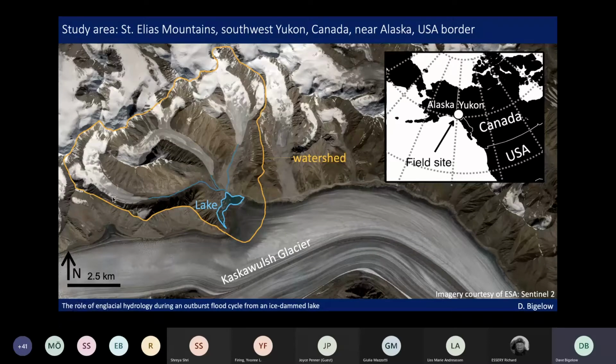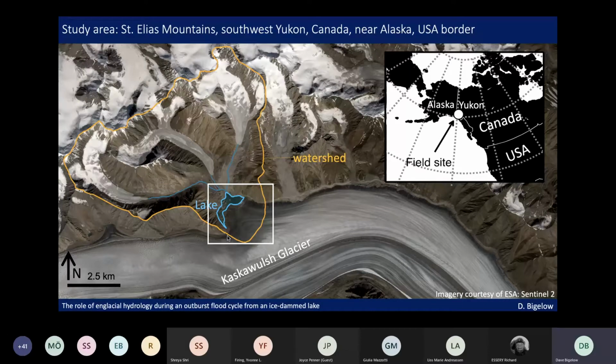The watershed that fills towards the lake is delineated in yellow here. For the most part it's defined by the topography, but on top of the glacier it's defined based on estimates of subglacial hydraulic potential from ice penetrating radar data collected in a previous year.